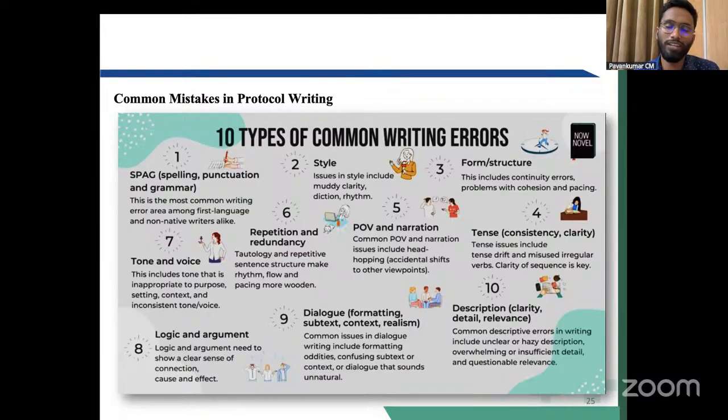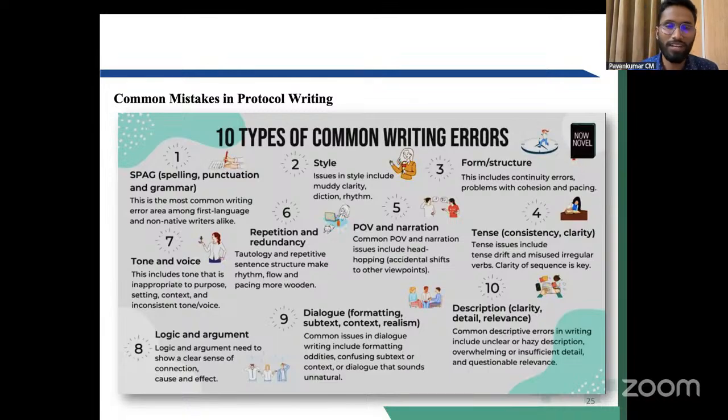If you are doing research with an industry person collaborating, or any kind of clinical trial, it is very important to see the reputation of the researcher, the corresponding author, and the institution or the industry. Clarity should be there, the narration should be proper, and the logic and arguments should be very clear, showing a clear sense of connection and cause and effect.